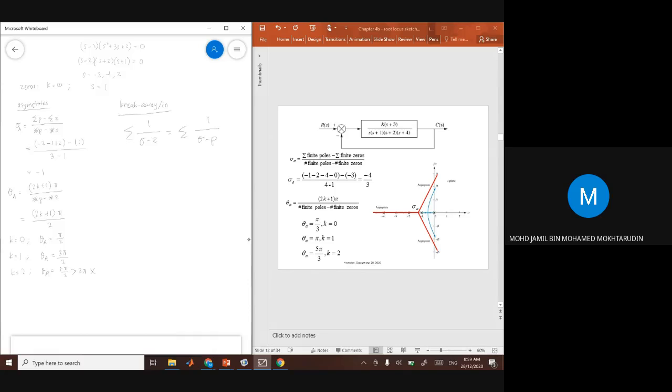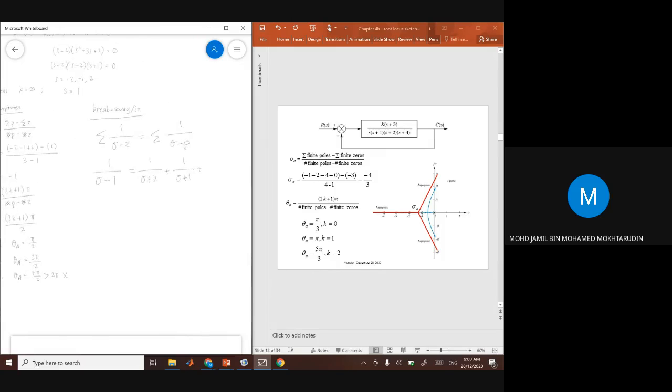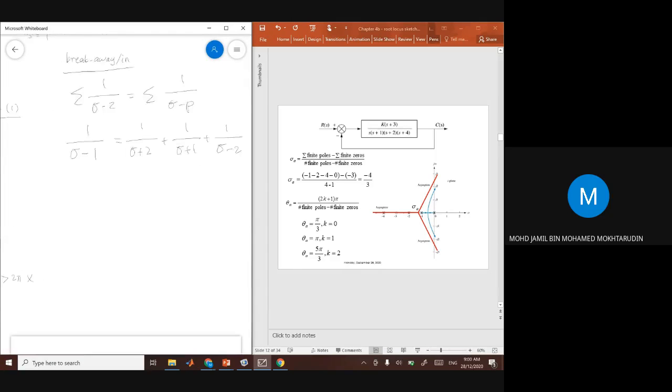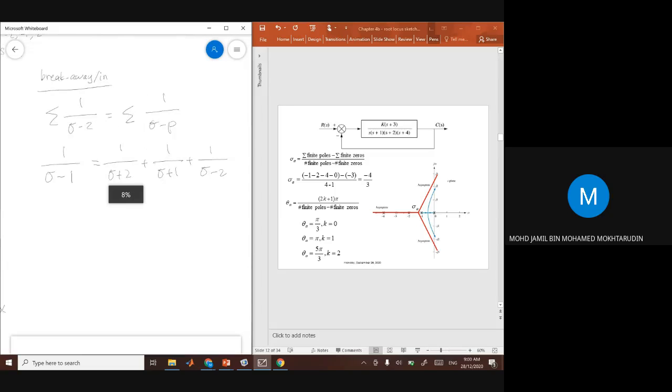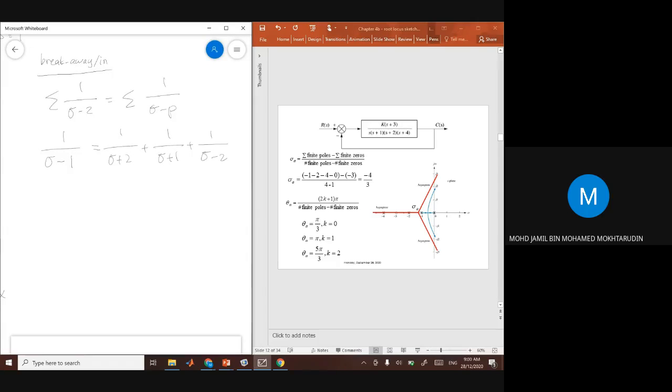Okay, and then here is 1 over sigma minus 1 equals 1 over sigma plus 2, 1 over sigma plus 1 plus 1 over sigma minus 2. Okay, simplify.